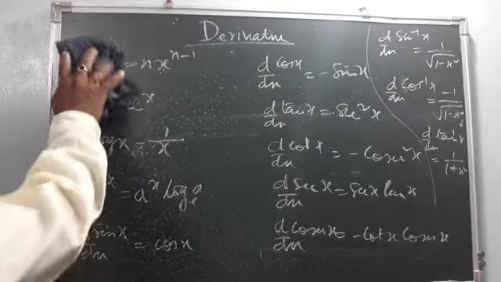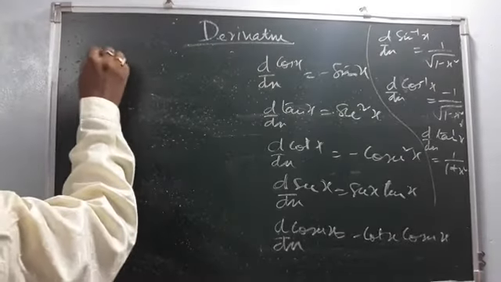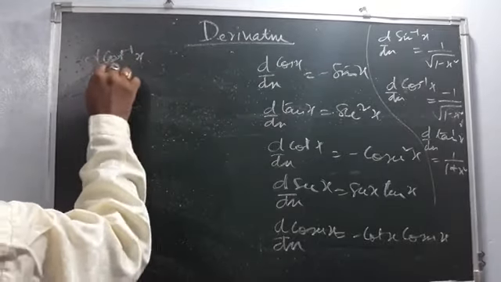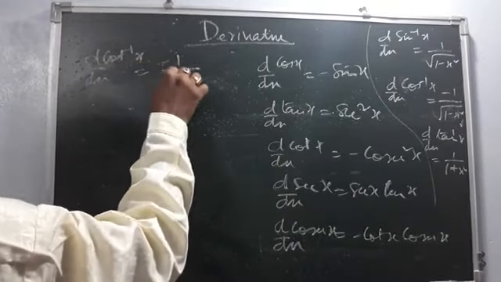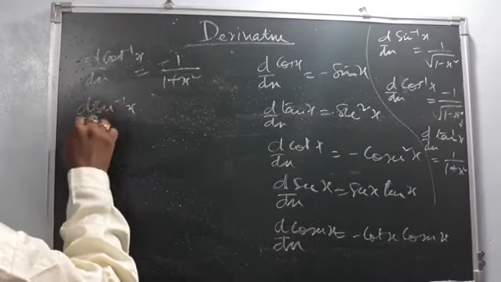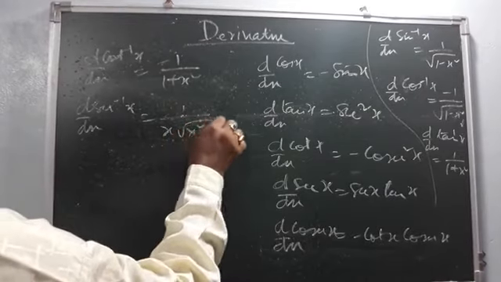Those formulas also I want to write here. Differentiation of cot inverse x with respect to x is minus 1 by 1 plus x square. Differentiation of sec inverse x is 1 by x root over x square minus 1.